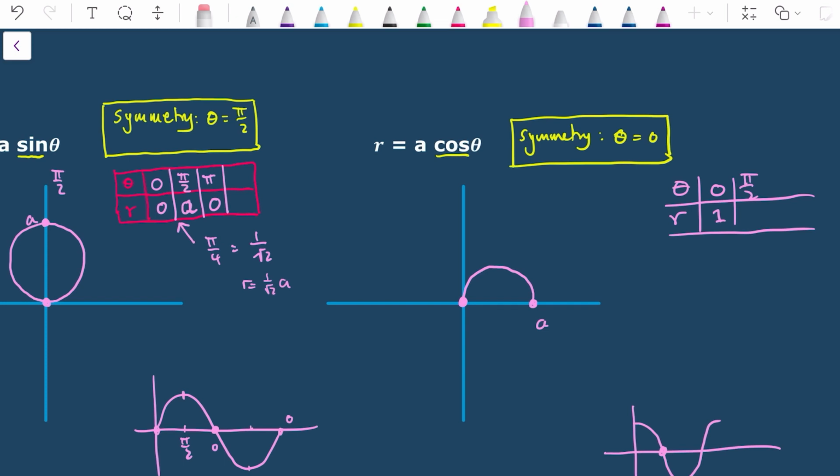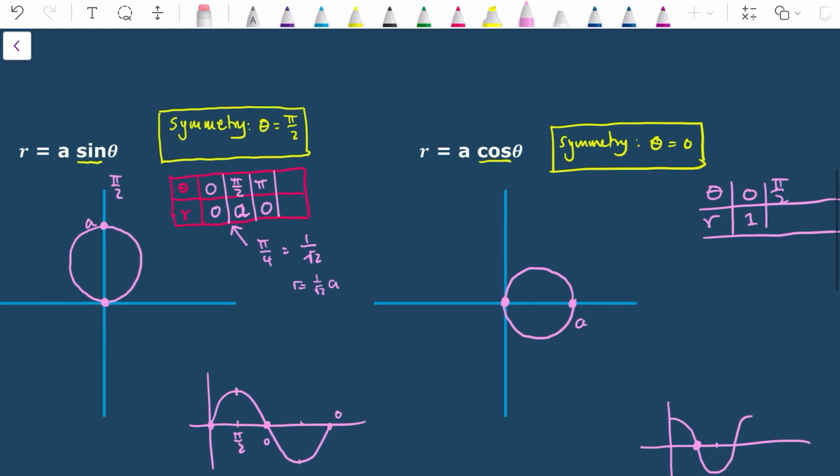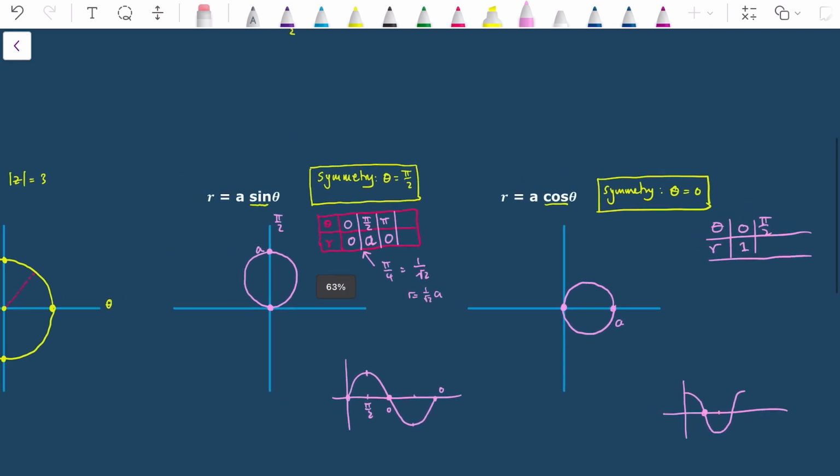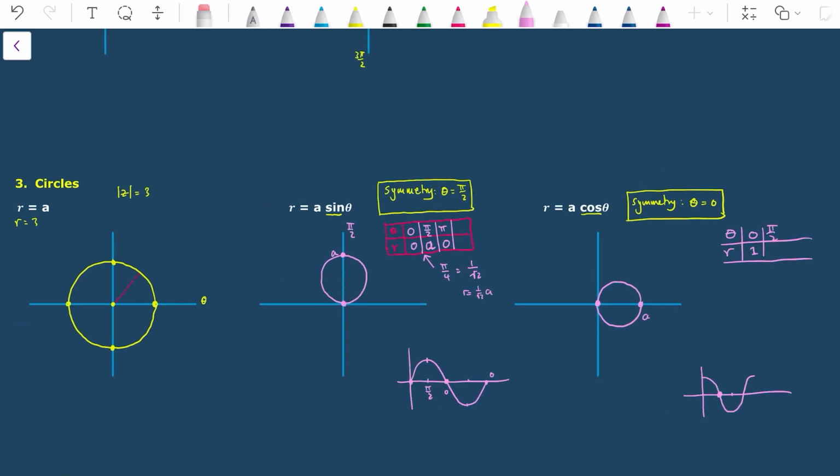And then I go to 3 pi by 2. So I'll have a radius then of length 1. And then the loop continues. And so r equals a cos theta looks like that, with symmetry around the theta equals 0 axis, also known as the initial line. Okay, so those are the three circles I wanted to show you.